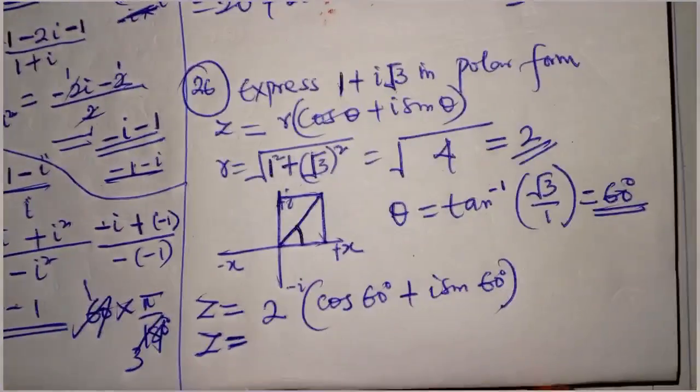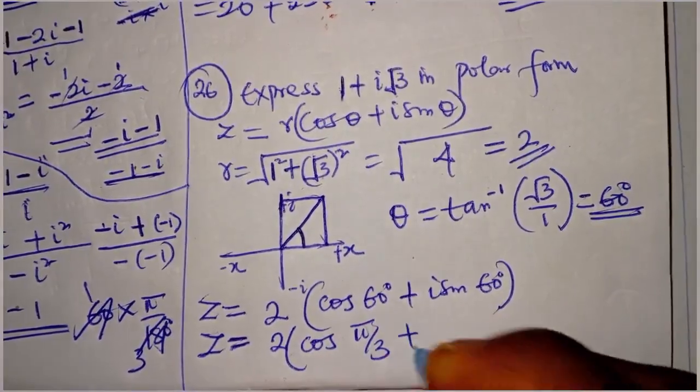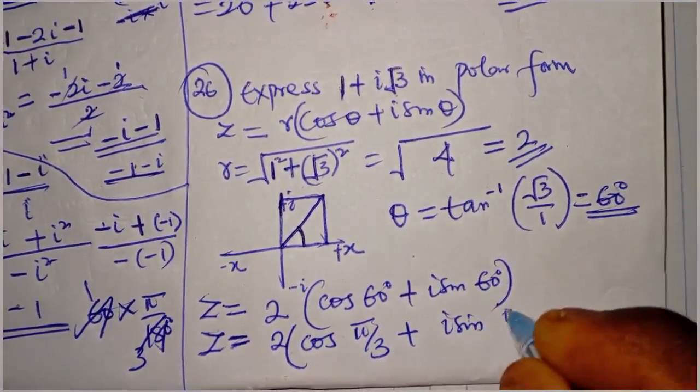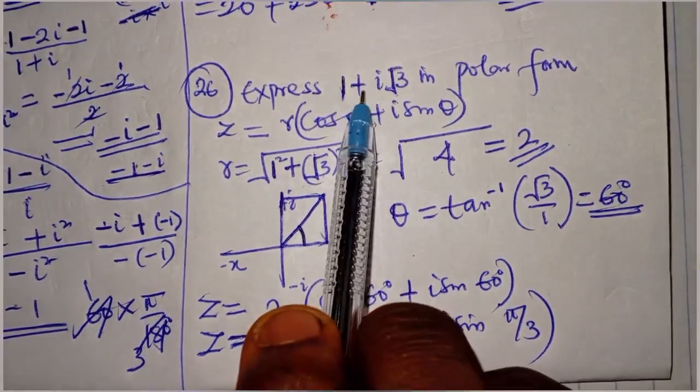That's pi over 3. So this is 2 into cos pi over 3 plus i sin pi over 3. Either one is correct, and it gives the polar form of this complex number.